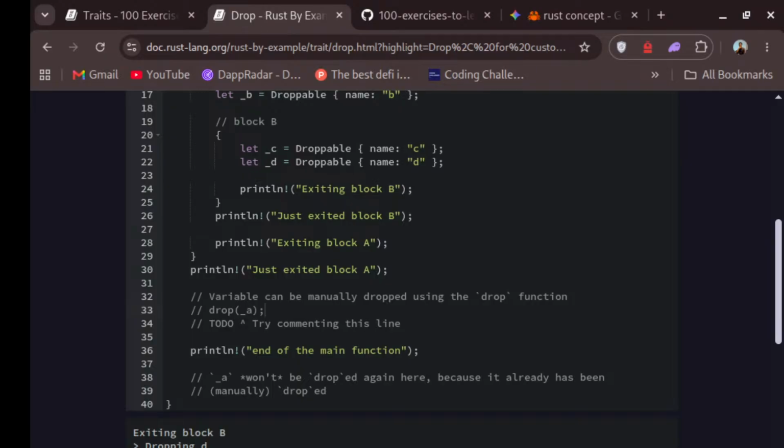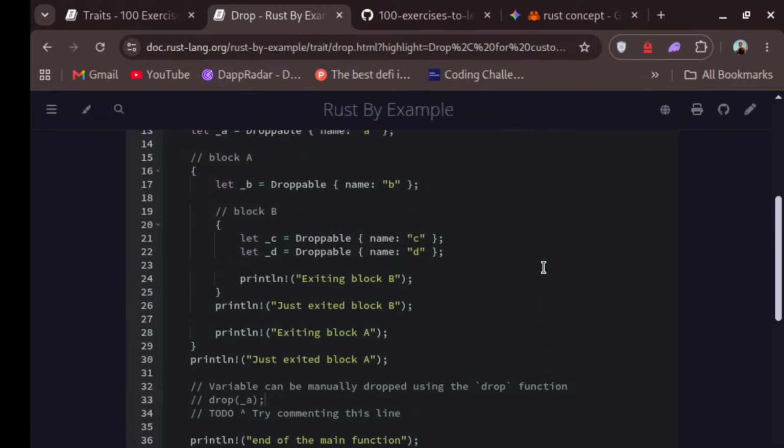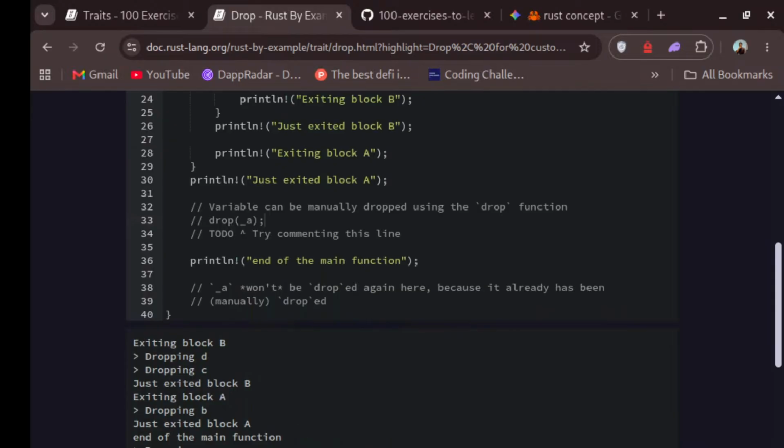So what change? Dropping B, drop B, A. Okay. Do you understand that we drop this part at the end of the total execution, right?